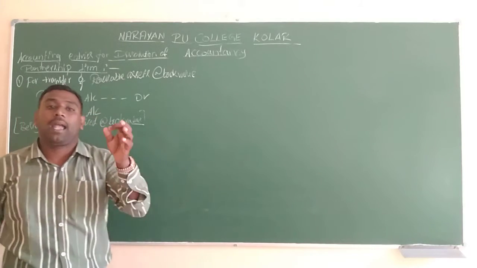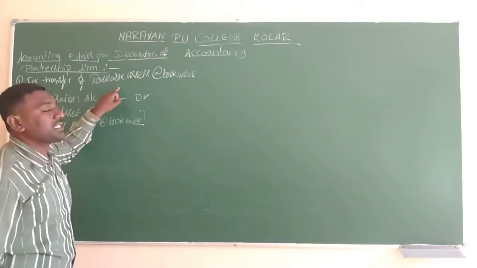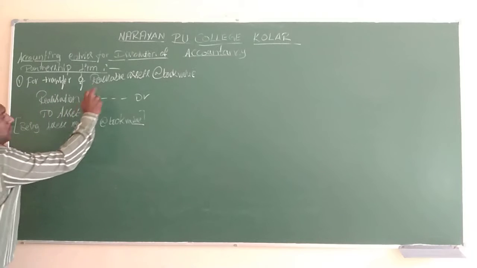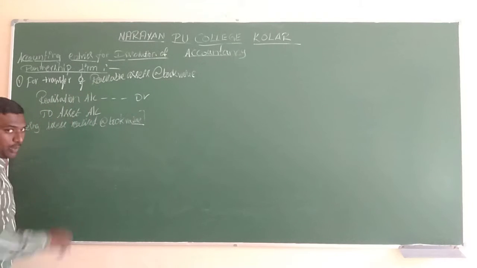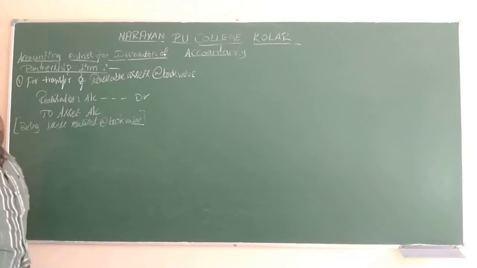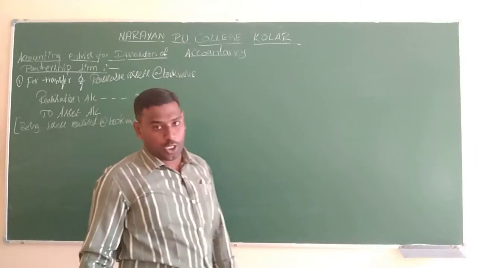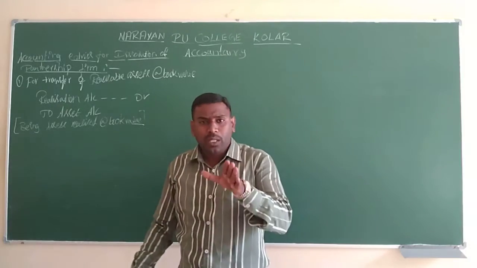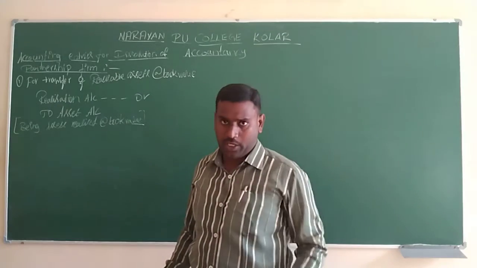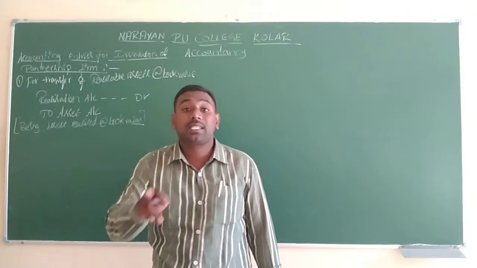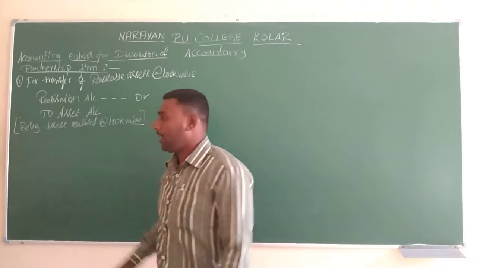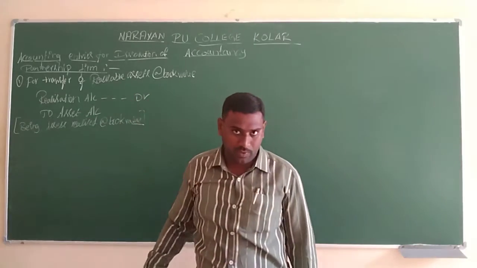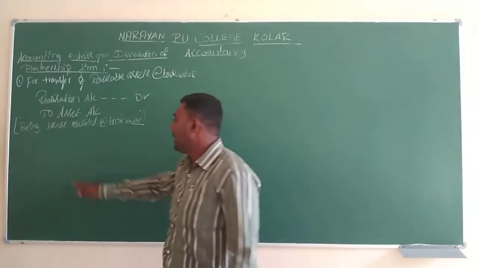This is the exact meaning of this journal entry: realization account debit to asset account. For this transaction we give a narration. A narration is a brief explanation, a description about the entry: why we transfer, and what the entry is.